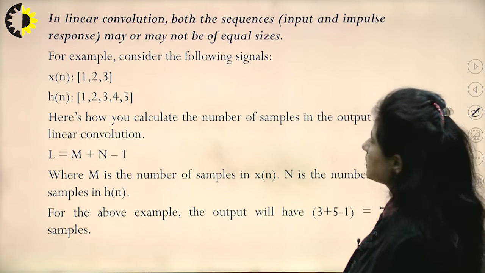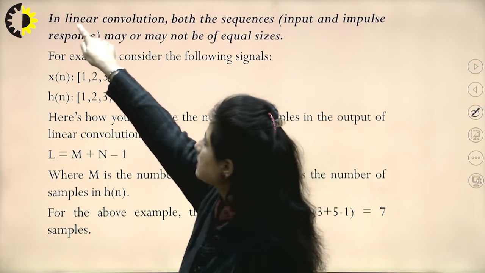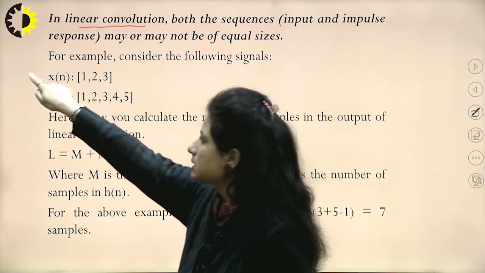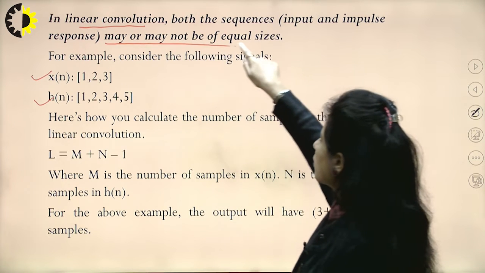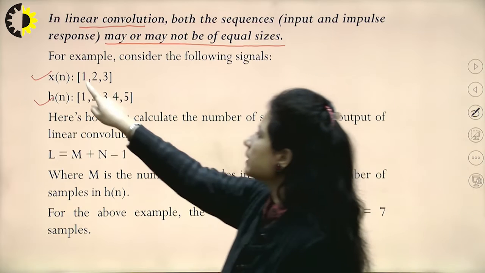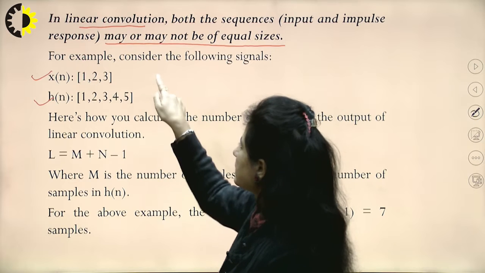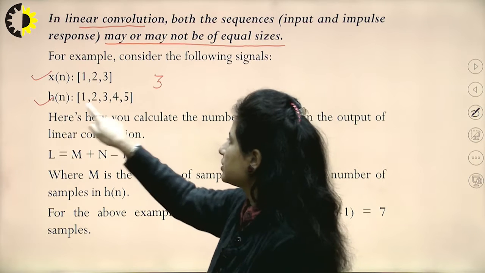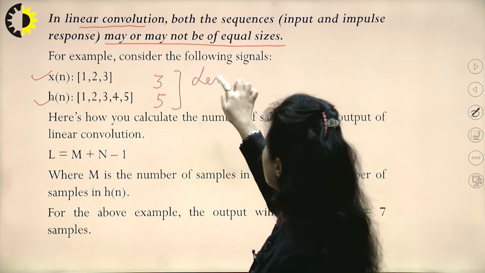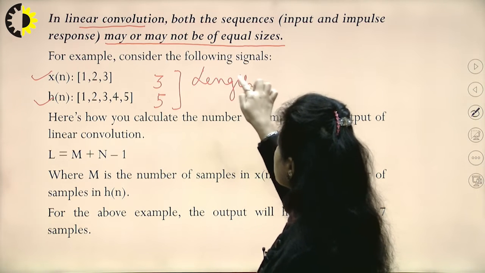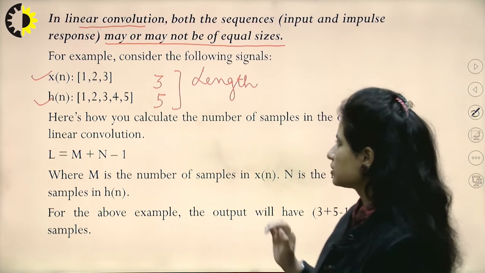Another difference between linear and circular convolution is that when I perform linear convolution, the two sequences x(n) and h(n) may or may not be of equal sizes. Size means how many samples we have in it. If I count for x(n), the number of samples is 3. If I count for h(n), the number of samples is 5. So these lengths can be the same or different; there is no compulsion.